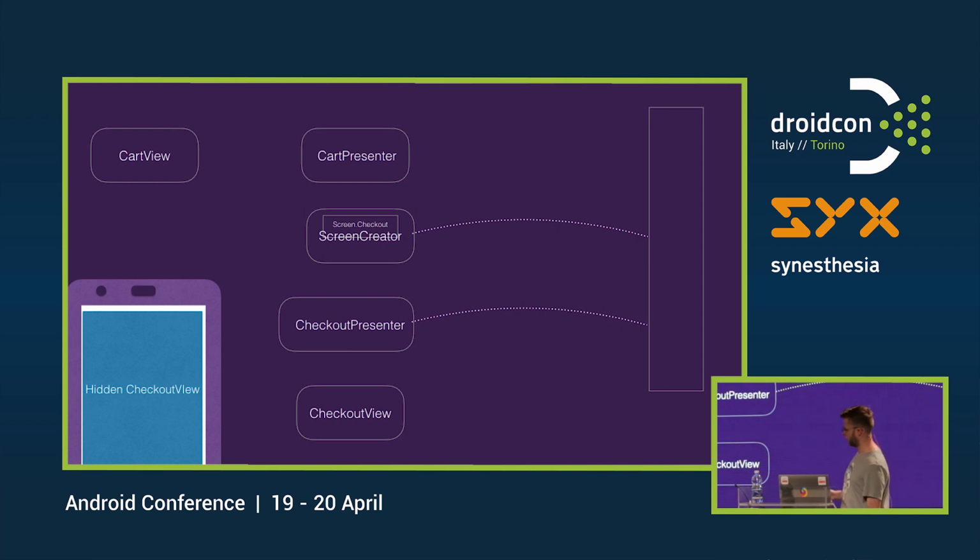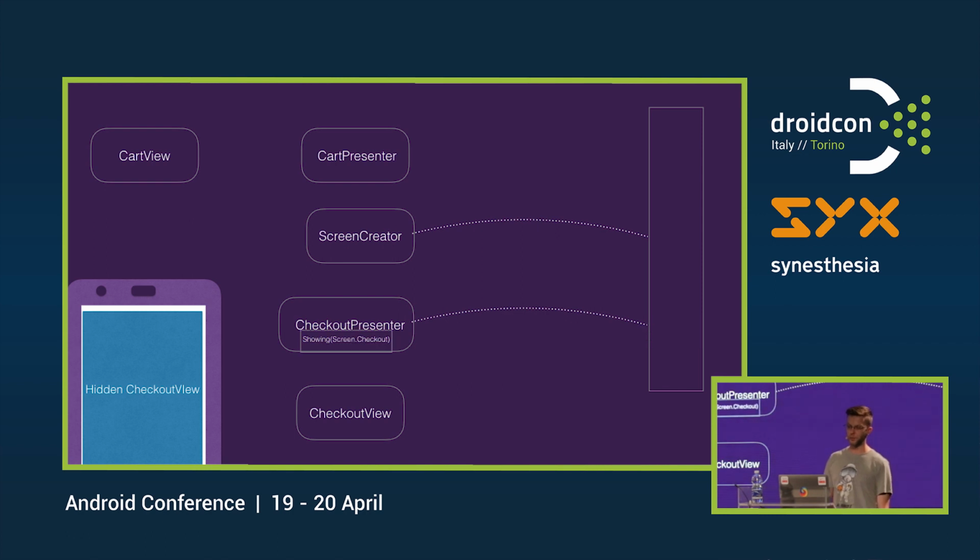Next, our screen creator can dispatch a showing screen state, taking that initial screen state we had before that we wrapped into creating, unwrapping it, and now wrapping it in a showing state. And that showing state is what our presenter was listening for.